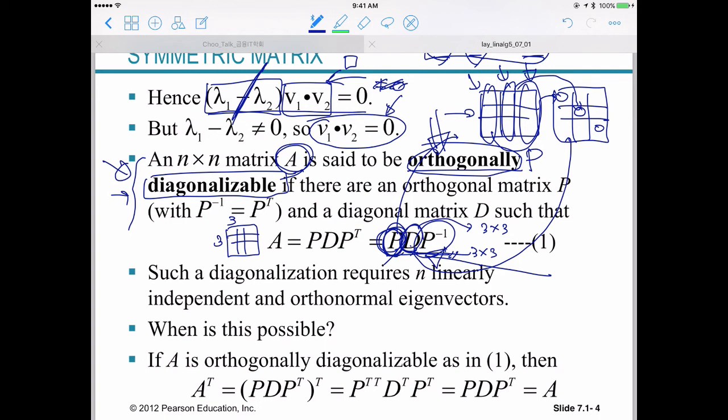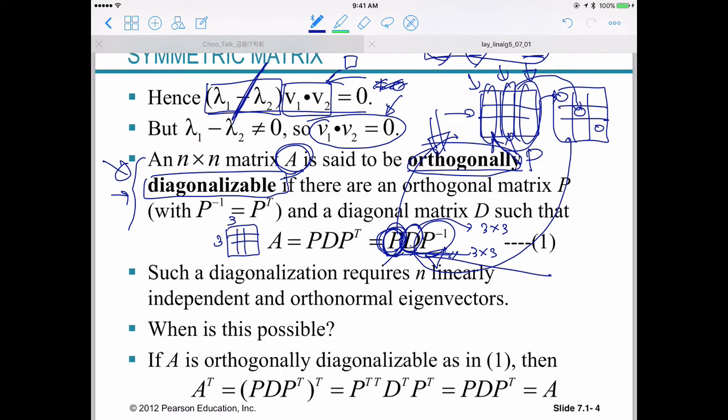So you should be able to find 3 linearly independent eigenvectors that are also orthogonal to each other. Once you find 3 orthogonal vectors, you can easily normalize them so that the length of each vector is 1.